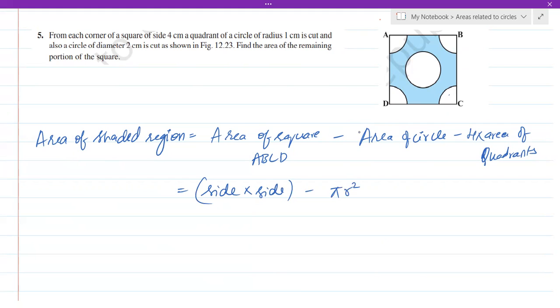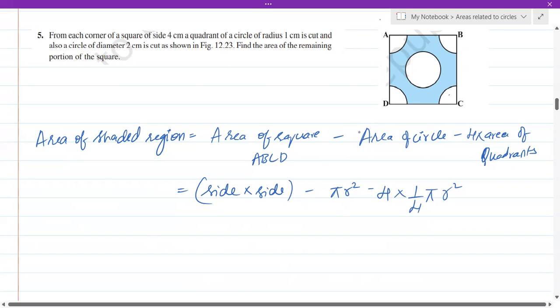Okay, minus 4 times area of quadrant is 1 by 4 pi. See, remember, you cannot write it as r square unless the circle and the quadrant have the same radius, then you can use the same r in both places.